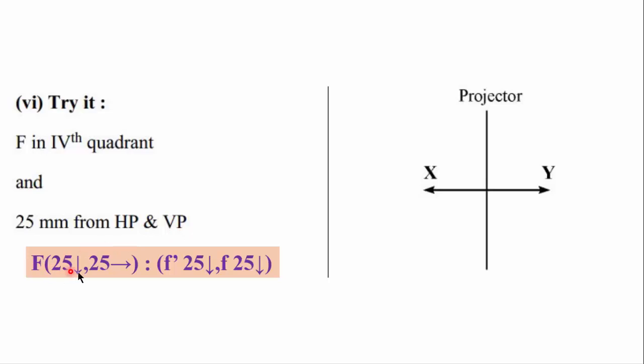Check here. Against elevation 25 mm below and plan also 25 mm below. That means both the projections will be at same location, they will coincide each other, both are here, F and F dash.